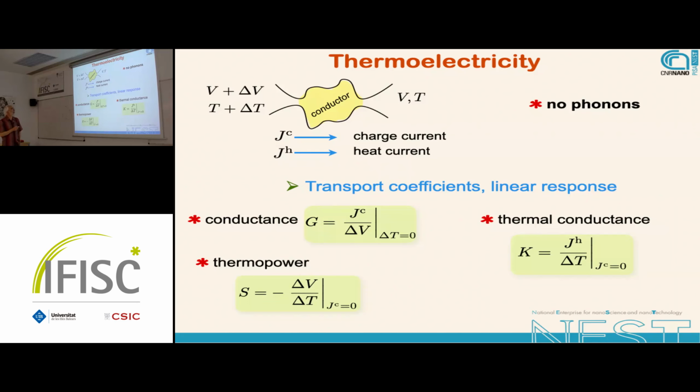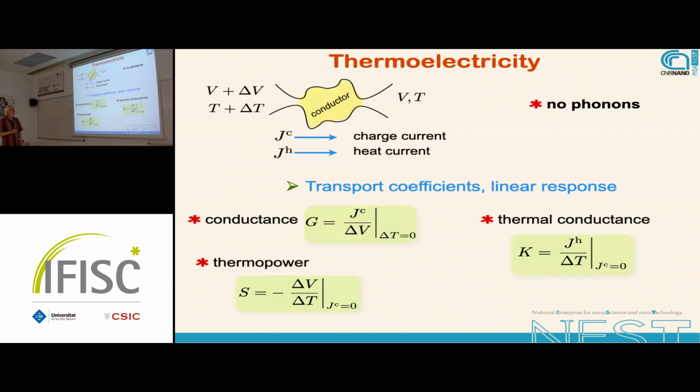The two terminals can have different voltages, so we have a voltage difference delta V, and can have a different temperature, delta T. Because of this, we will have a charge current and a heat current flowing through the conductor. We are neglecting phonons, so I'm only speaking about electrons. We are thinking of very low temperatures, so somehow they are either not important or we are getting rid of them.